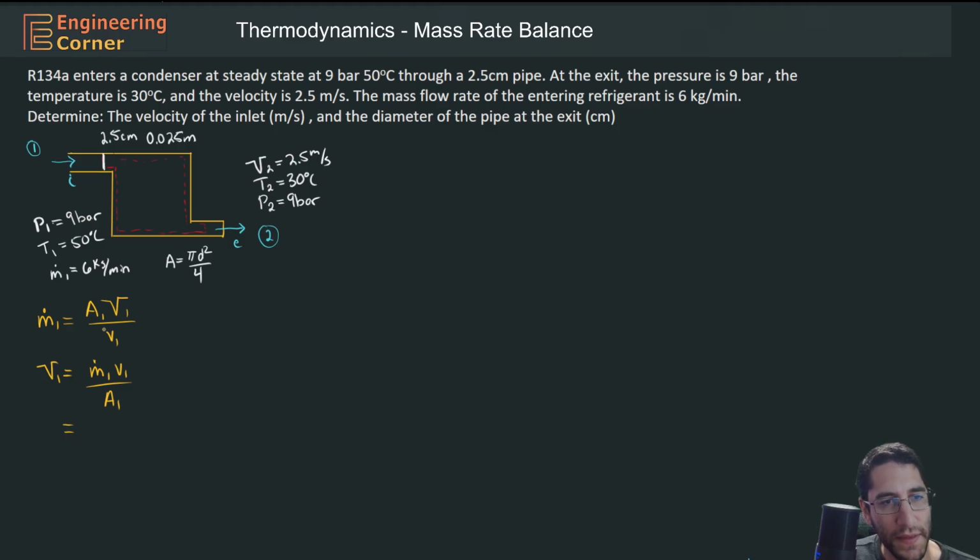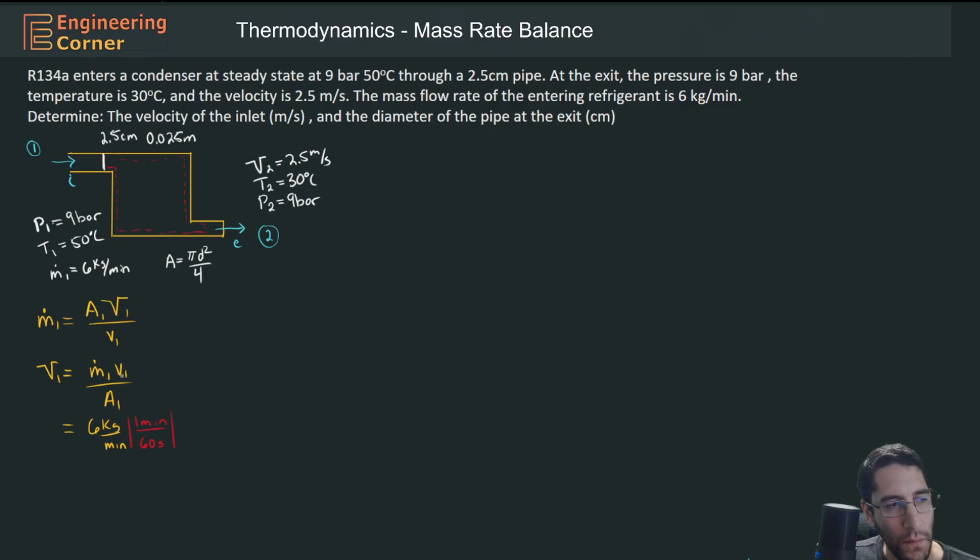So I know that this is going to be 6 kilograms per minute. I want this in seconds. So I need to multiply this. 1 minute is 60 seconds.